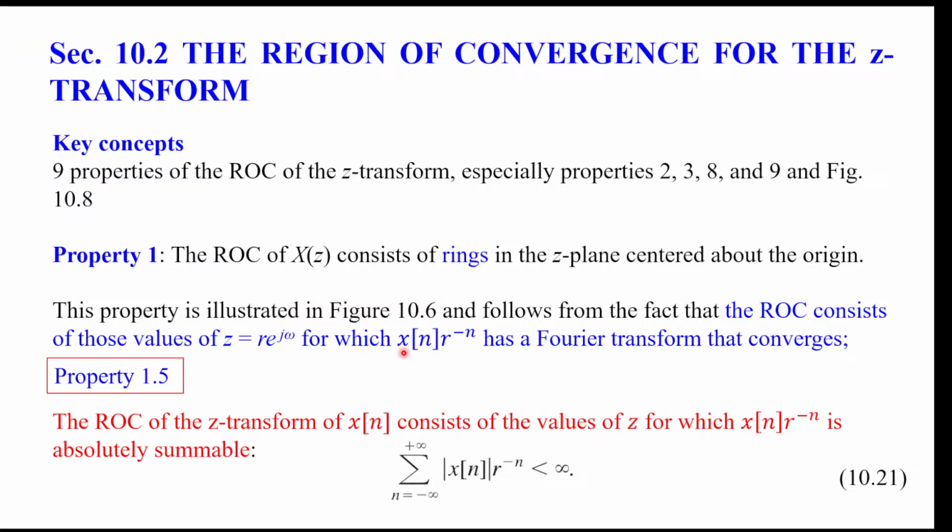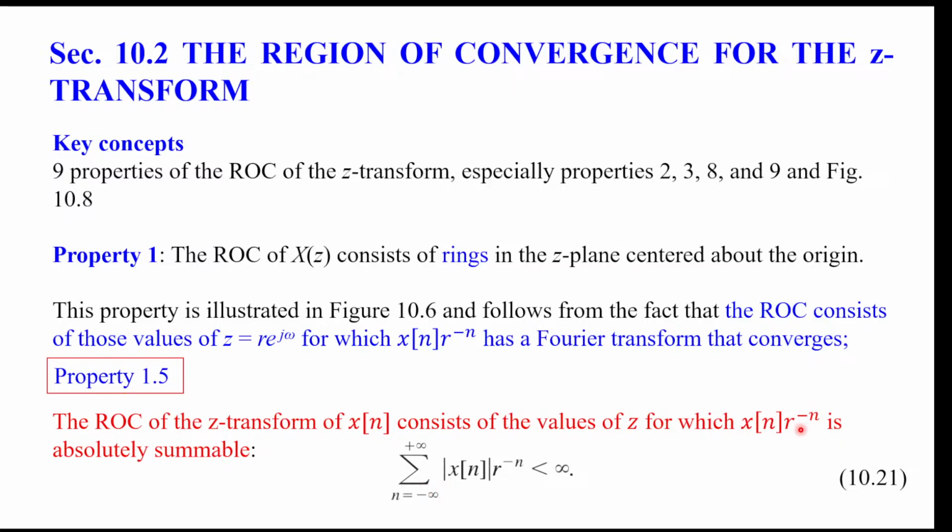And also then we get this property 1.5 that directly tells you whether some radius will be inside the ROC or not. That is, we can just check whether the signal, the absolute value of x of n times r to the minus n, is absolutely summable or not.